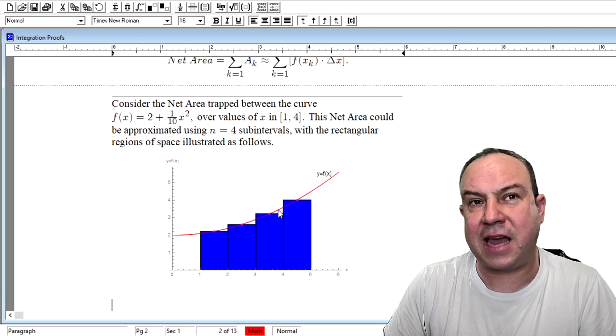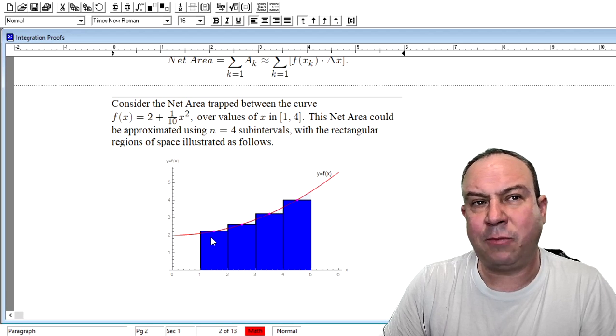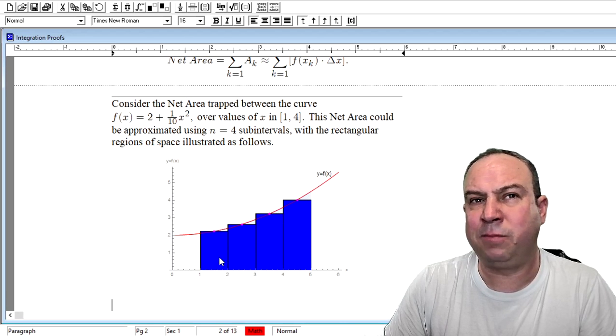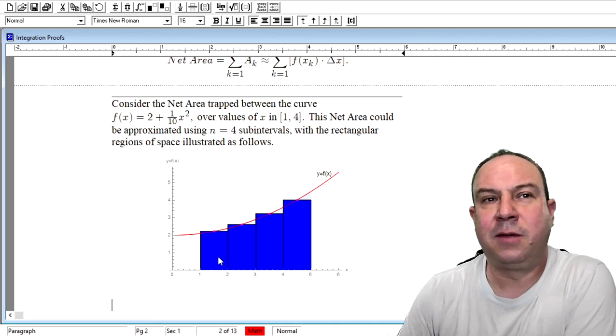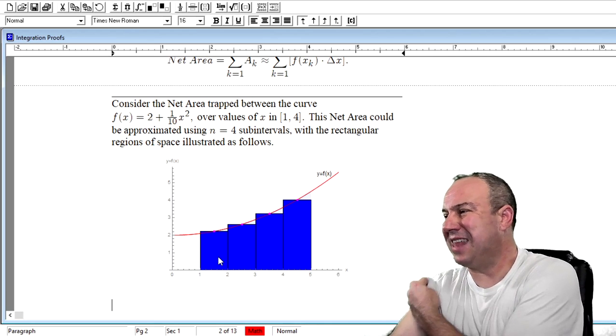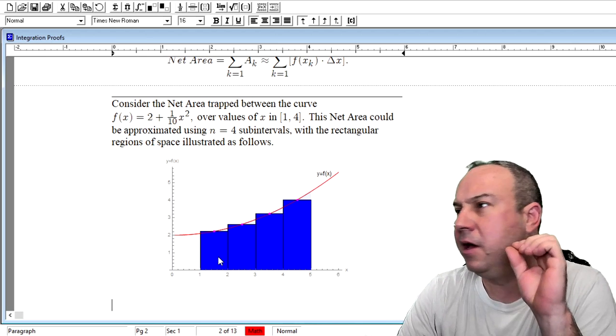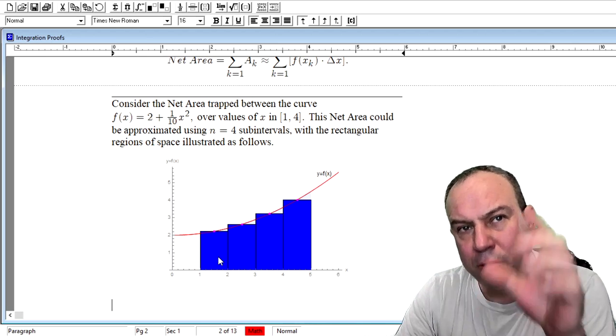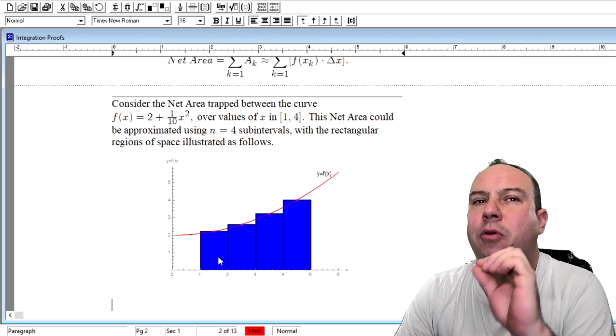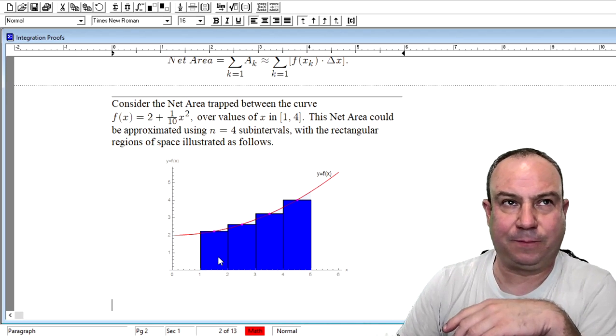And you can actually see that net area is somewhat shaded, but it's hidden behind these bars. If we were to remove the bars, we would see that area of interest. But what we're using are these blue bars in this graph to approximate this net area.